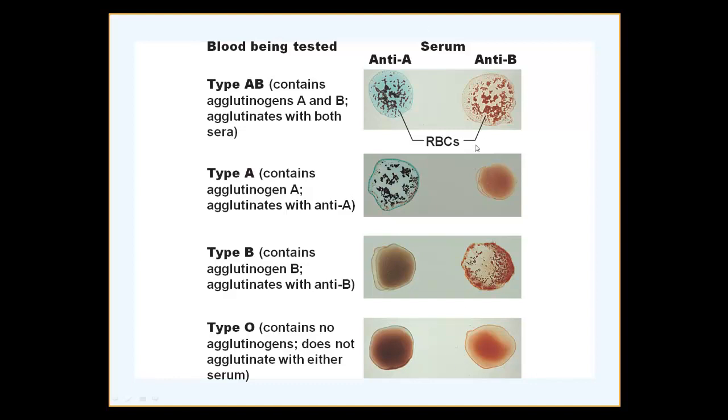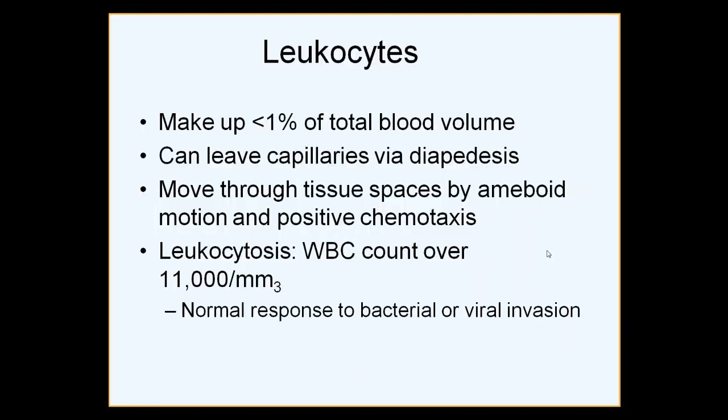Of course, with this very simple procedure, now we know how we distinguish between the different blood types, and that helps us quite a lot in preventing and protecting people against the adverse reactions of mismatched blood transfusion.